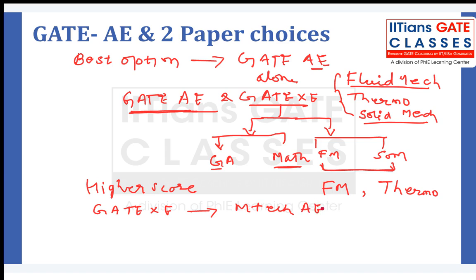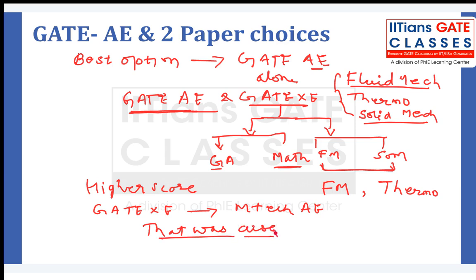So if you are not able to do well in one paper, you have another chance to do well in the other paper and get a high GATE score. That was the case of choosing two papers.